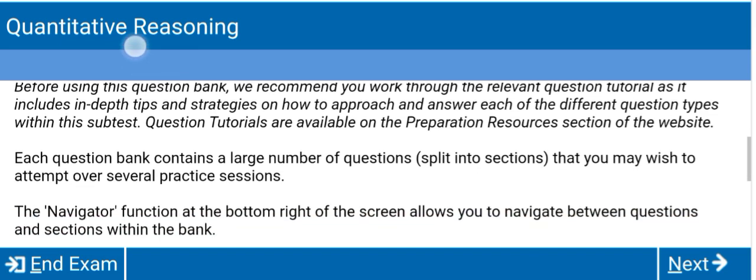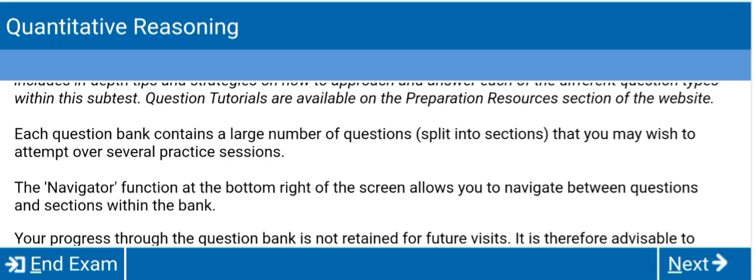Each question bank contains a large number of questions that is split into sections that you may wish to attempt over several practice sessions.